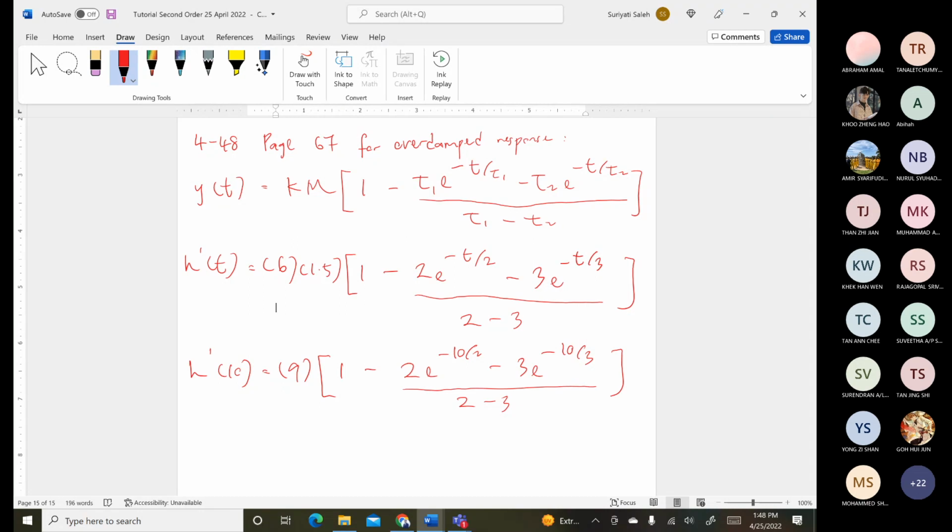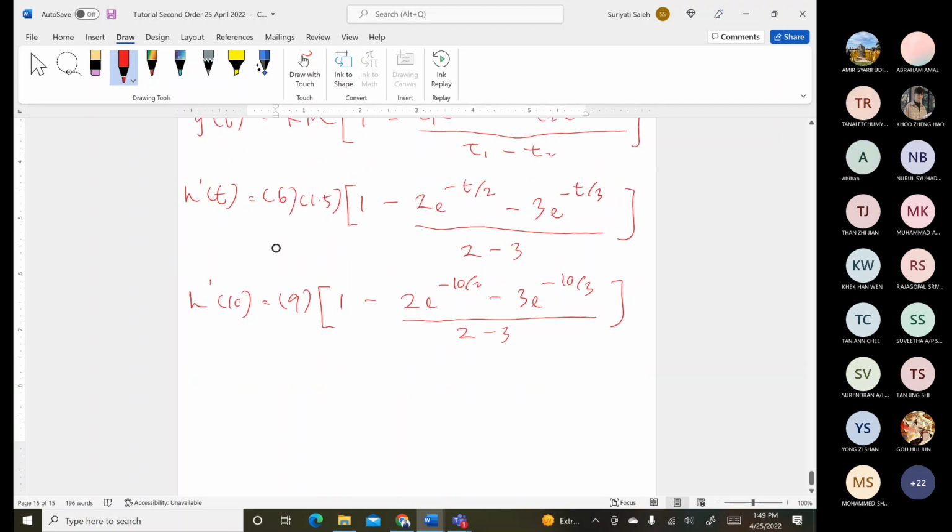So what is the value of h prime at 10? Eight point 16. 8.16.